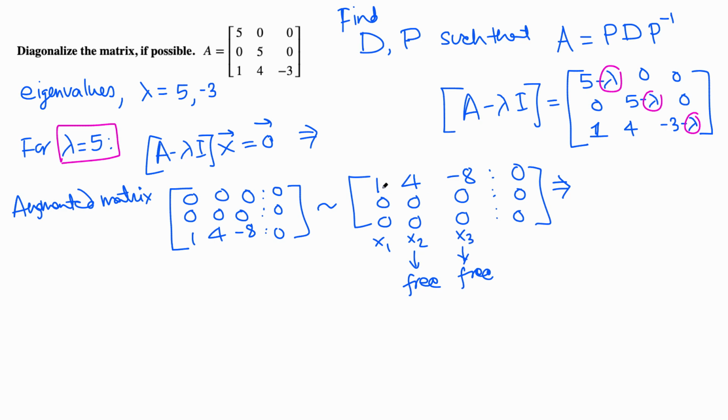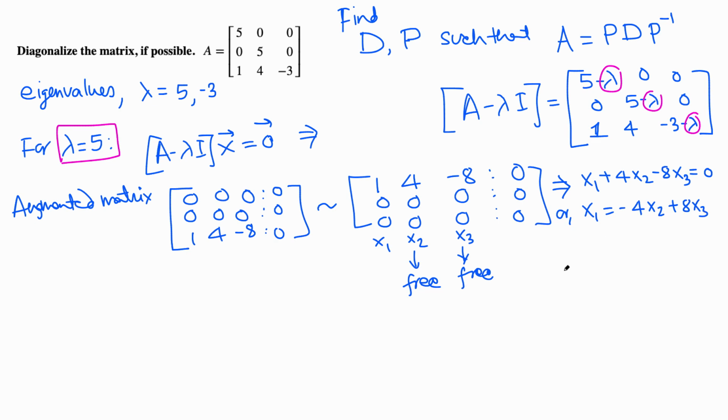Solving this, x2 is just x2 and x3 is just x3. From the first row we get 1x1 plus 4x2 minus 8x3 equals 0. Moving terms over, our x1 is negative 4x2 plus 8x3, and x2 and x3 are free.